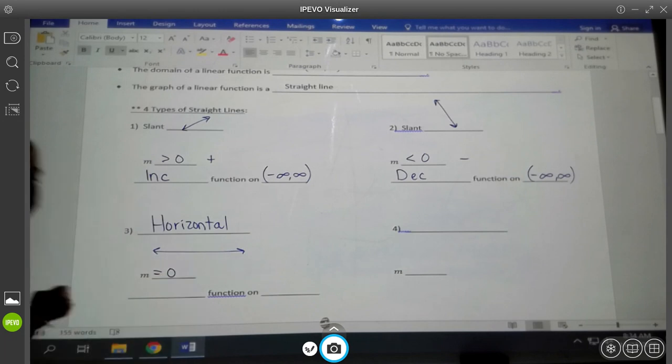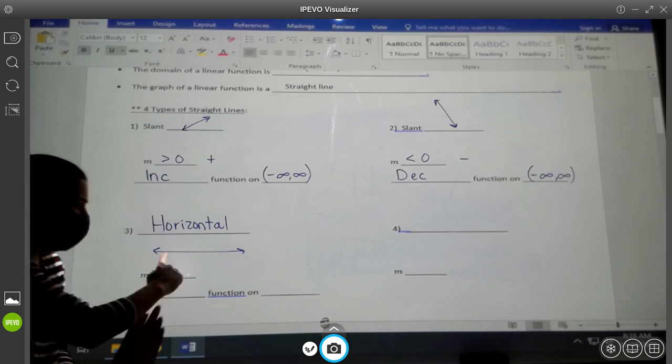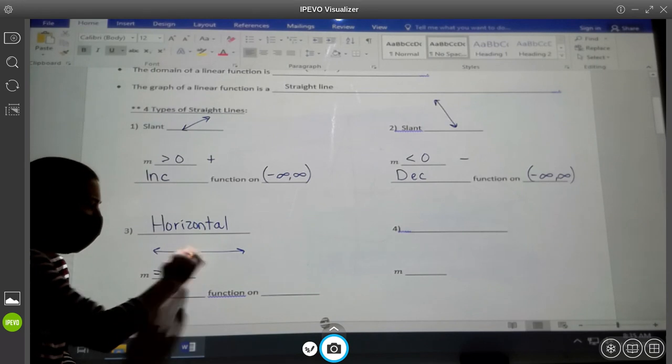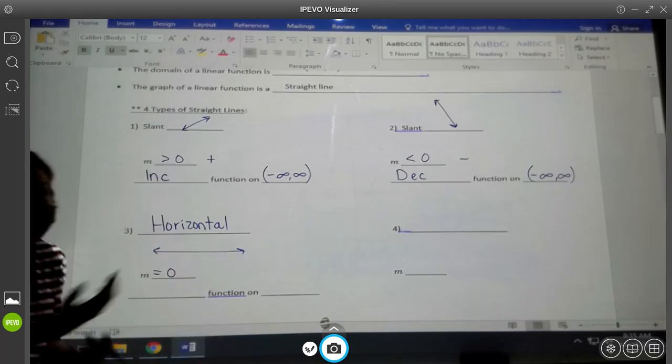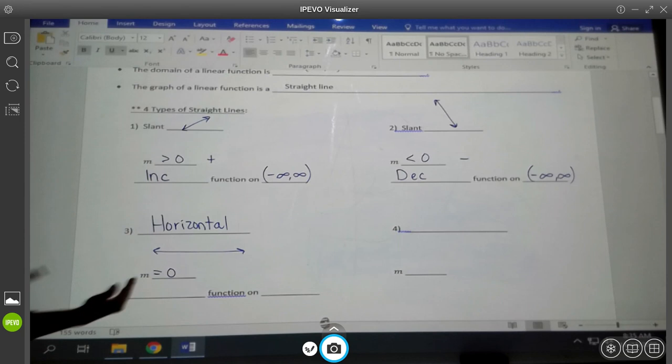It doesn't rise. It doesn't fall. It's completely flat. The slope is 0. Which means as x gets bigger and bigger, what does y do? It stays the same. It stays constant. This is known as our constant function. No matter what number you plug in, the same number just keeps coming back out. It's a constant function on its entire domain.